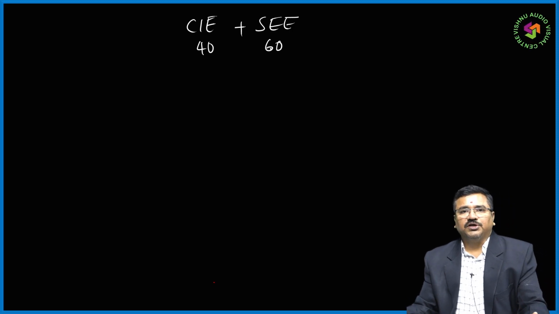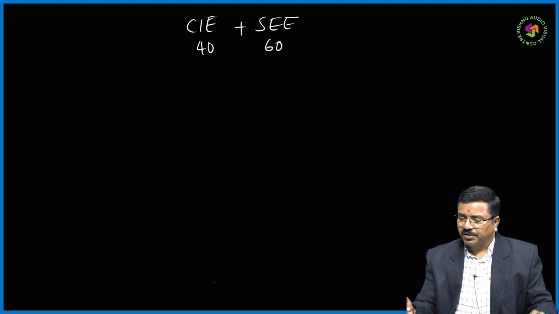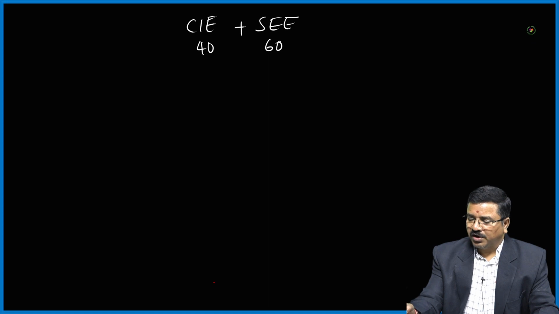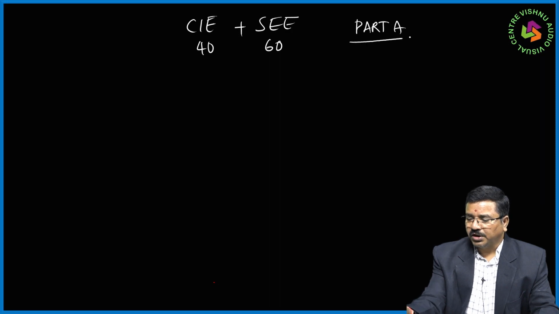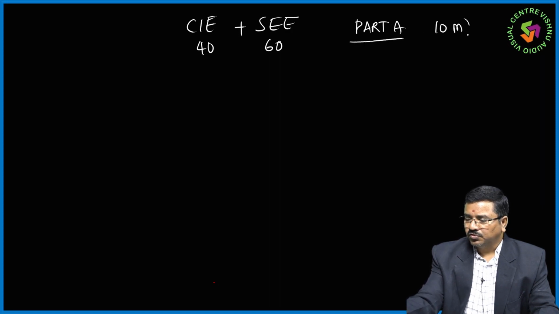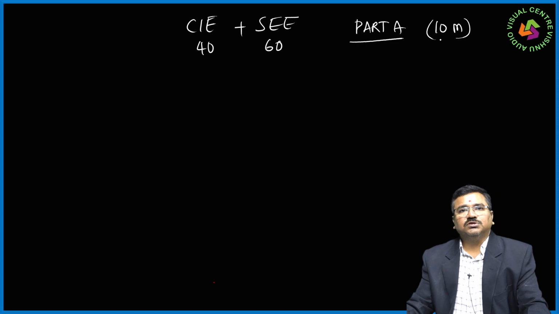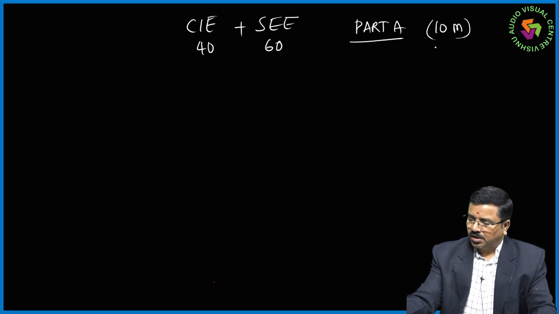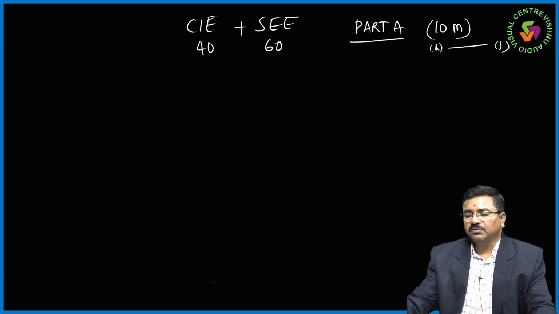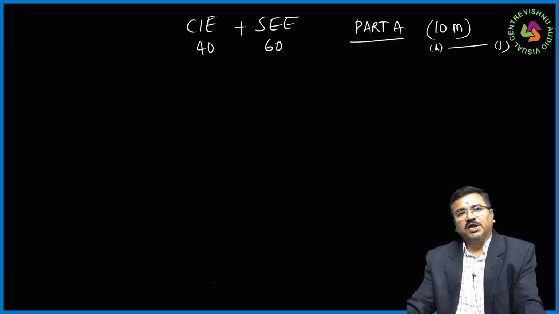This is our distribution of marks. For SEE, we have Part A of 10 questions, all 1 mark each, A to J.